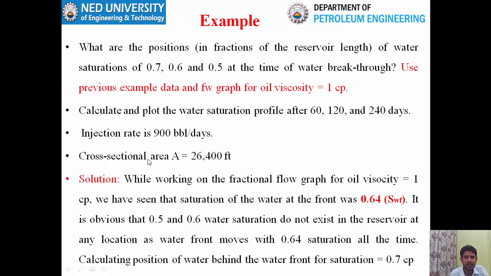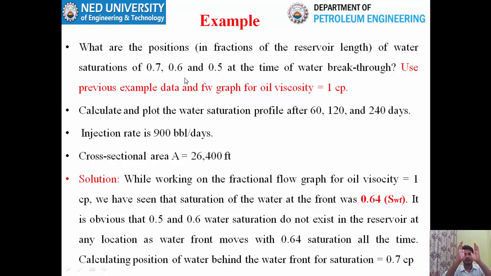Injection rate is given to us, area is given to us, and again we have to go back to the FW and SW graph, and we know that from the FW and SW graph the minimum saturation, the SWF, is 0.64, which means that your waterfront is moving with this saturation 0.64. So the reservoir will not have any saturation of 0.5 and 0.6.